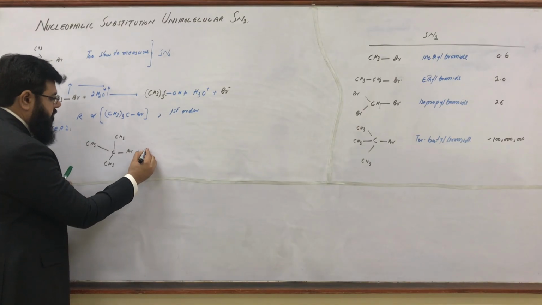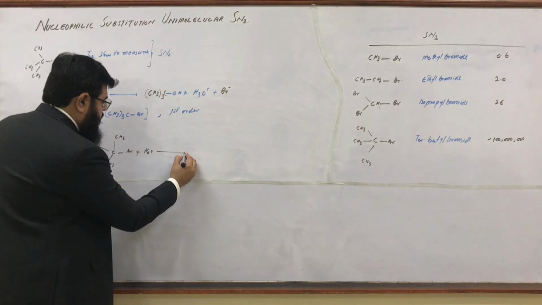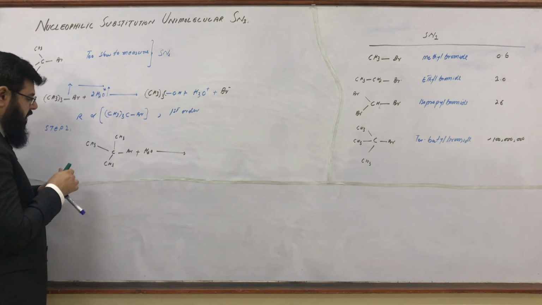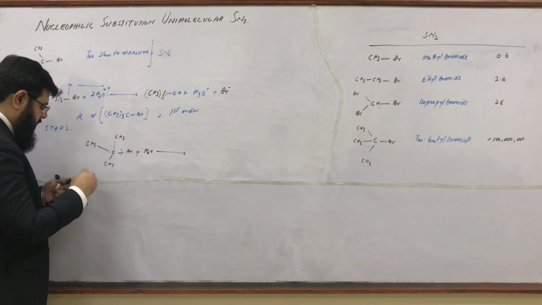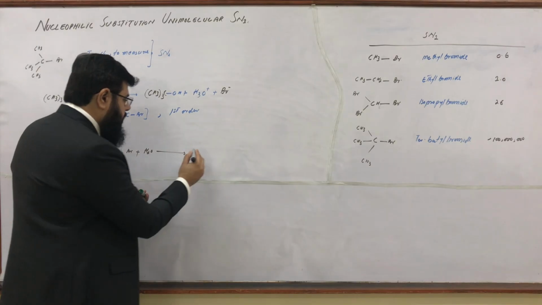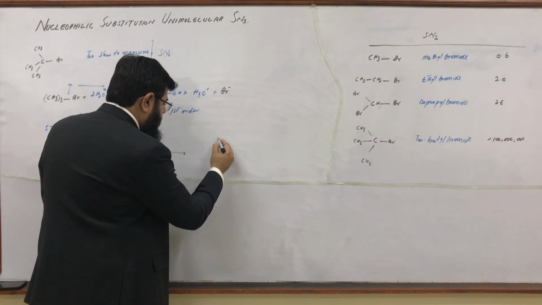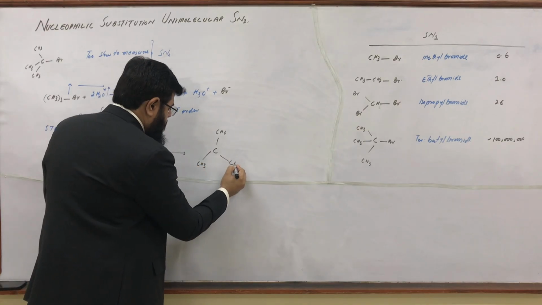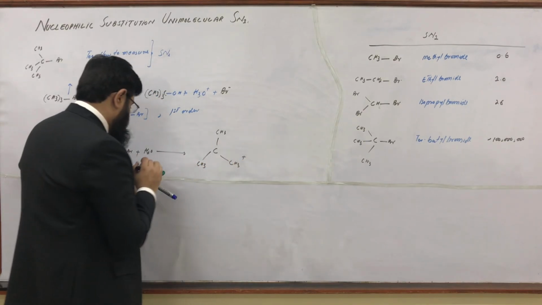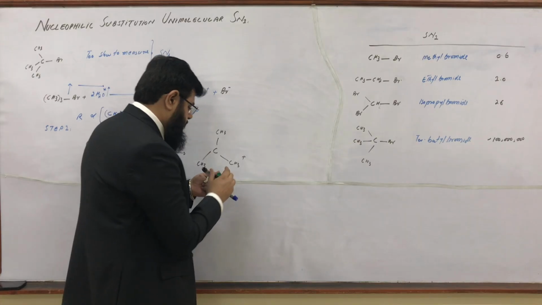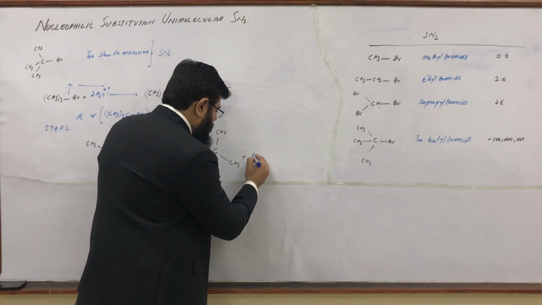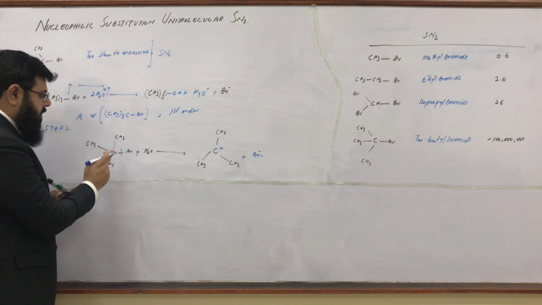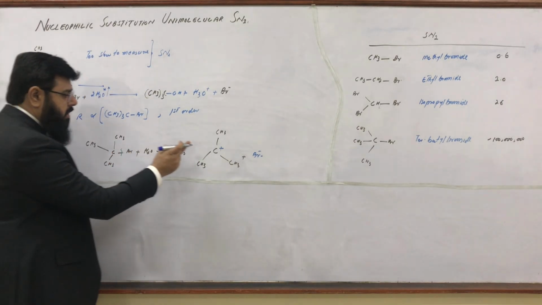In the presence of aqueous media, the bond between carbon and halide dissociates, and the product is a carbocation. At this stage, a very important thing to know is the geometry and hybridization of this reactant and this product.